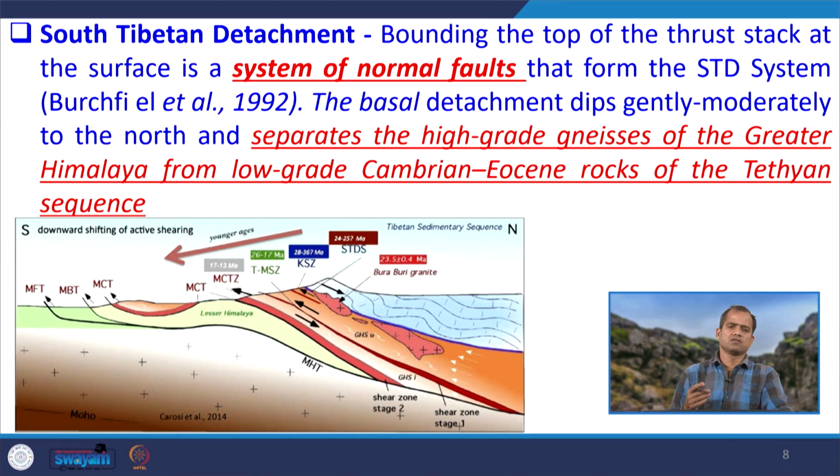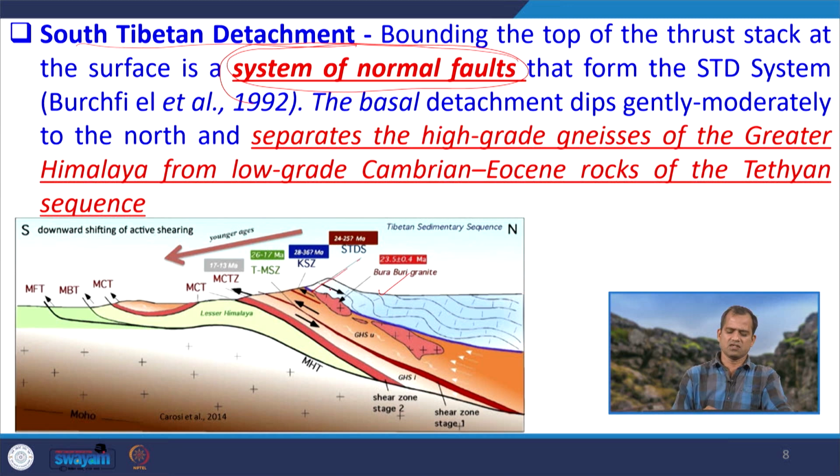Then further north, we have the South Tibetan Detachment fault, which is a normal fault system. Now you see this is the Tethyan Himalayan sequence, and the STD is here.